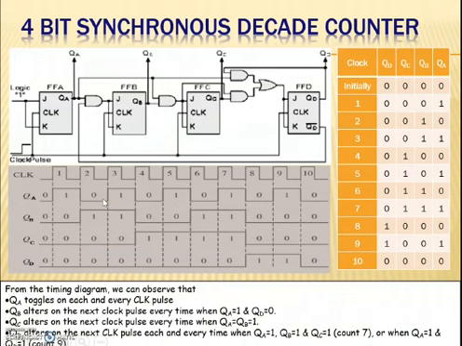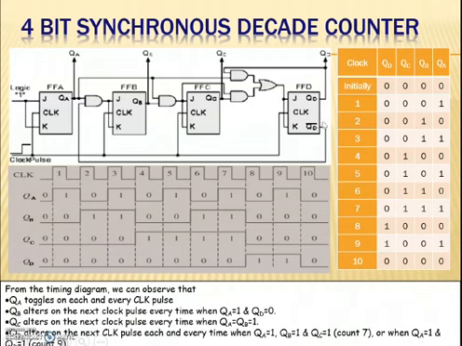We can observe that QA toggles for each and every clock pulse of the external clock. And QB alters to the next state when QA is equal to 1 and QD is equal to 0.